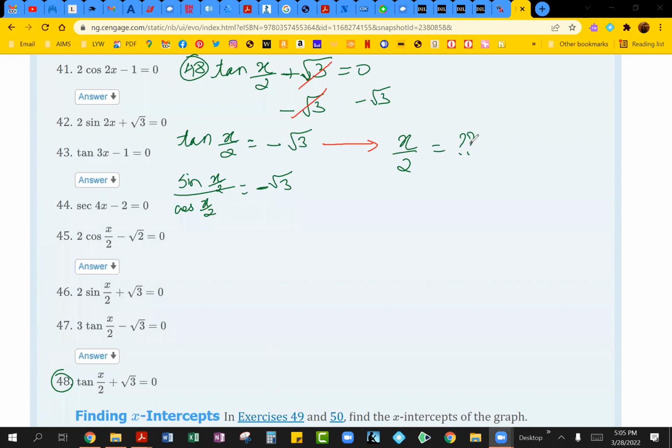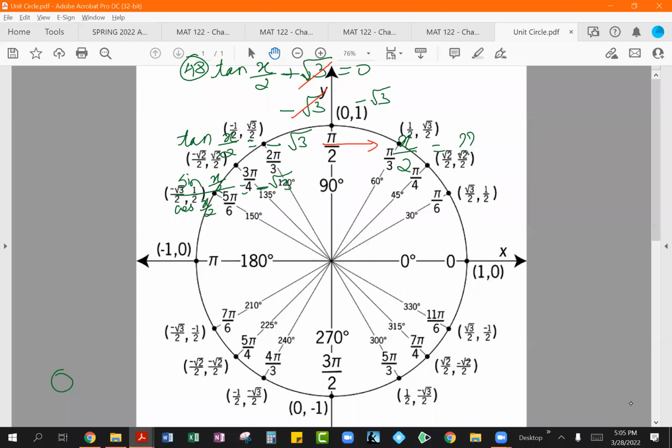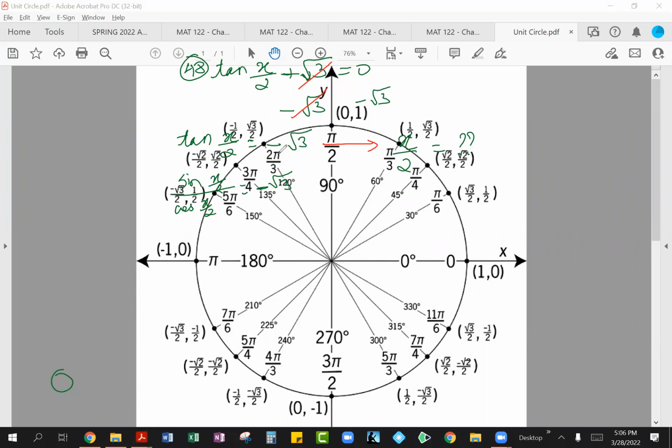Okay, I've got Lucy: 2 pi over 3 and 11 pi over 6. So 2 pi over 3. Let's change the color. Is this angle here, which means you're looking at these two.